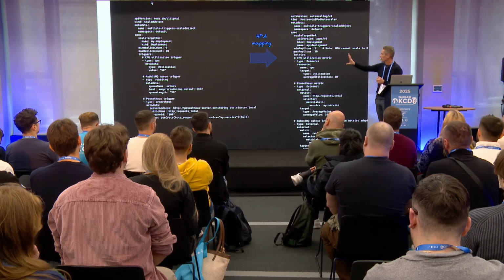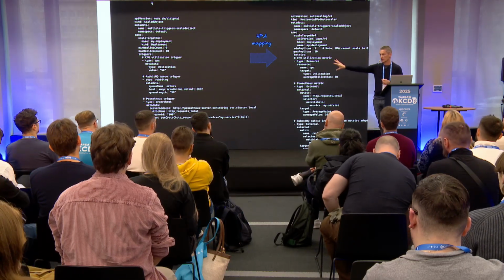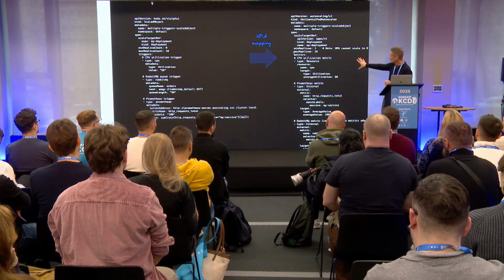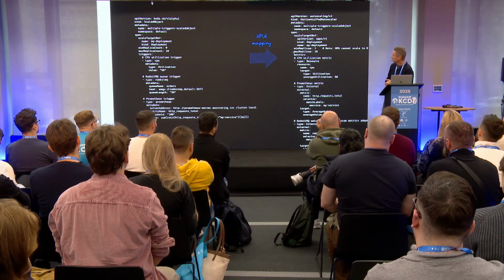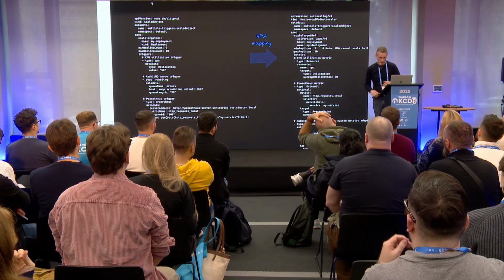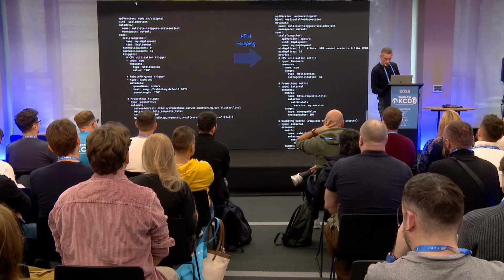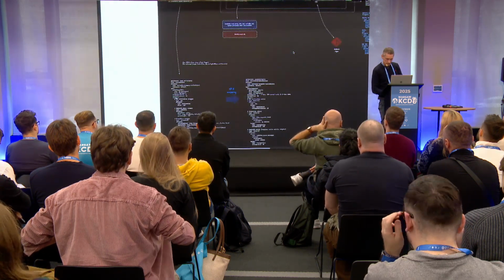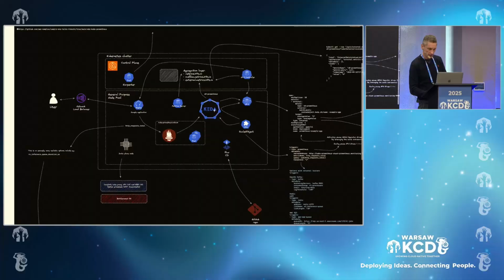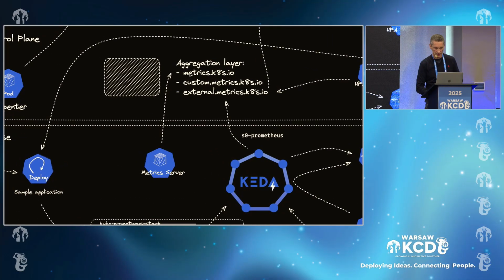What KEDA does is basically it takes this, it looks at this, and translates that to an HPA resource. It also exposes, like I was saying, our metrics in here.